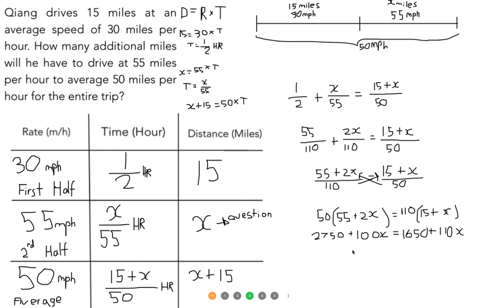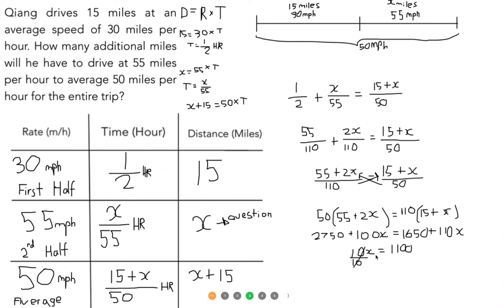And then moving the x to one side, we get 10x equals 1,100. And then to solve for x, we divide by 10 on both sides.